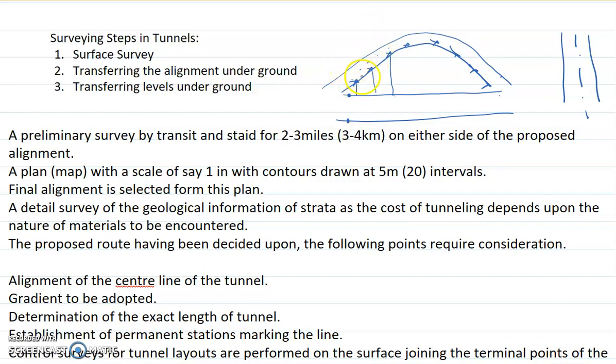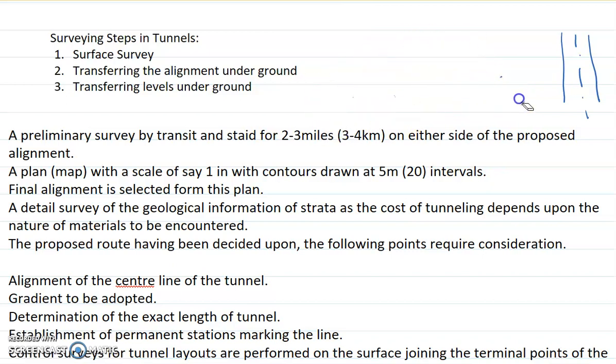Now, the preliminary survey, or reconnaissance as we call it, the first surface survey, will consist of around 3 to 4 kilometers on either side of the proposed alignment. So wherever your tunnel is starting or ending, you need to carry out a survey of at least 3 to 4 kilometers.